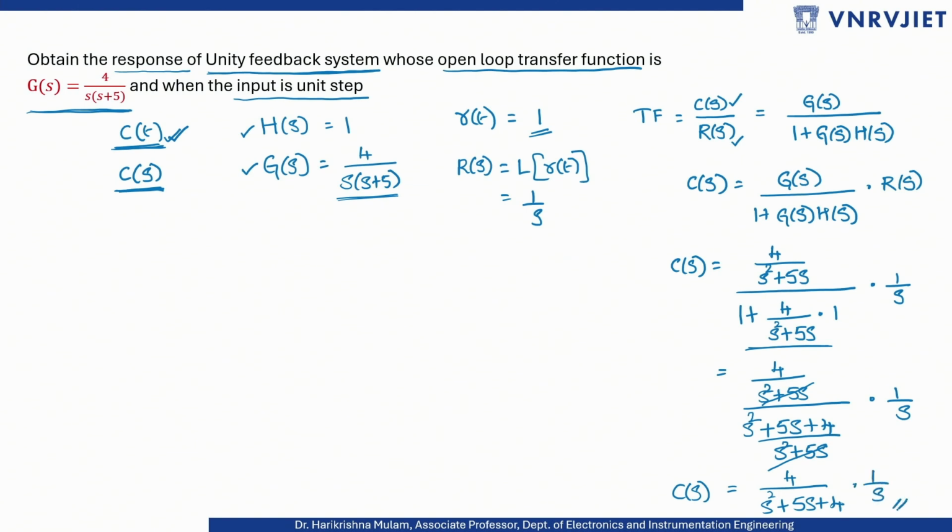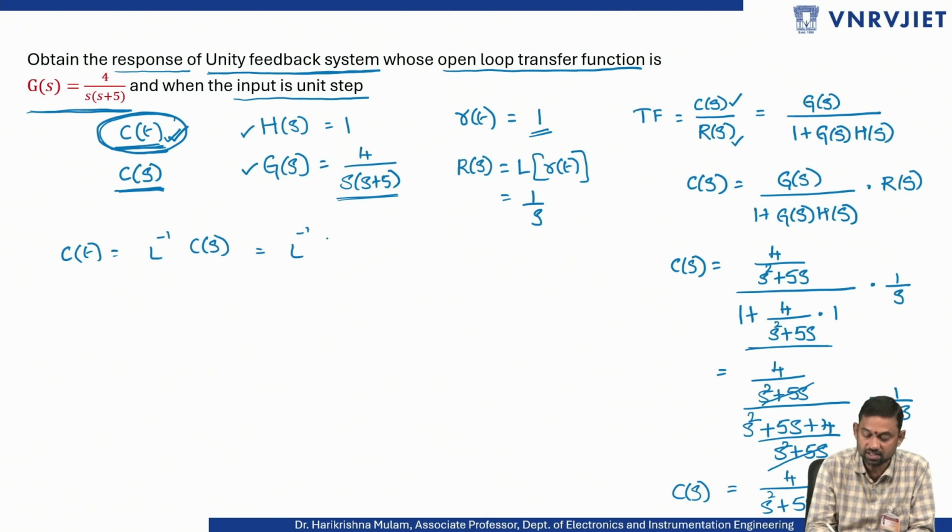So this is the output in the s domain, but you need to find the output in the time domain, C(t). If you want C(t), you need to take the inverse Laplace transform of C(s), which is 4 / (s² + 5s + 4) times 1/s.